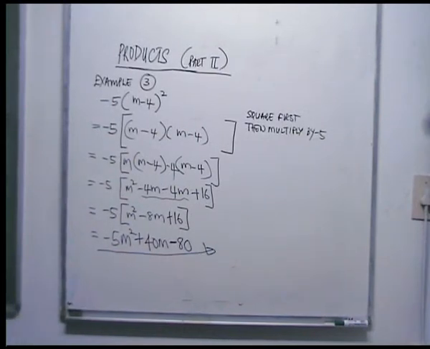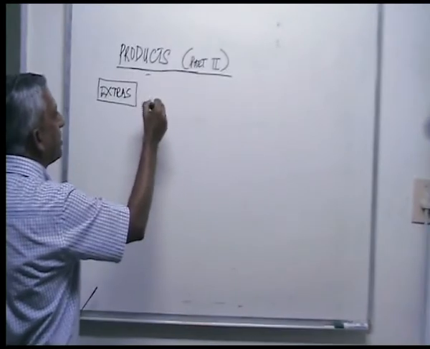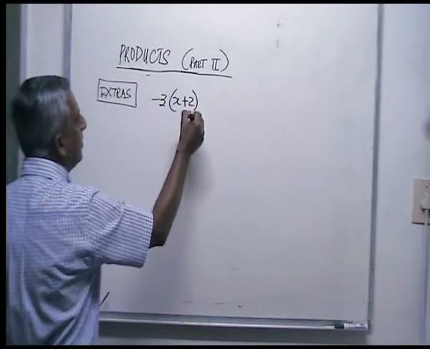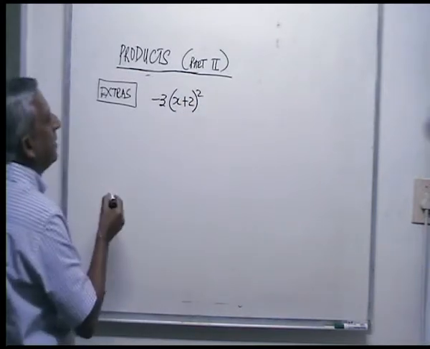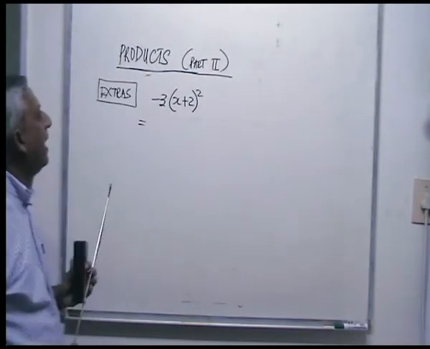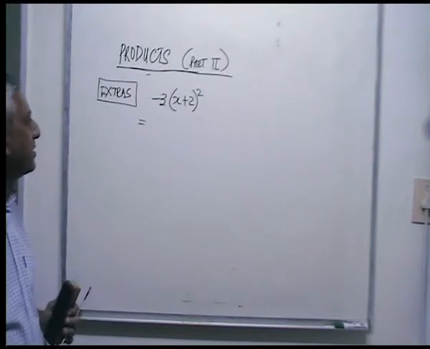So suppose I told you minus 3 into x plus 2 all squared. So I want you to work it out. So just try it and work it out, and then I'll proceed to the next type of examples.